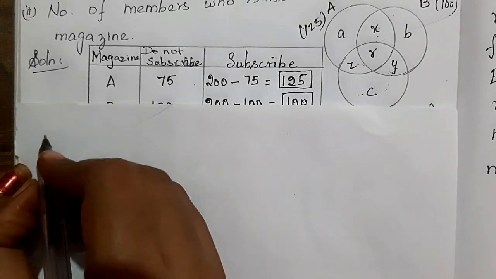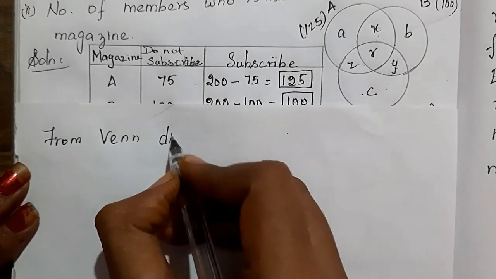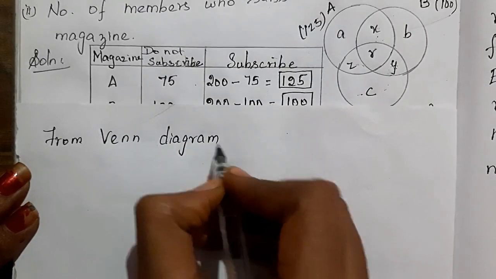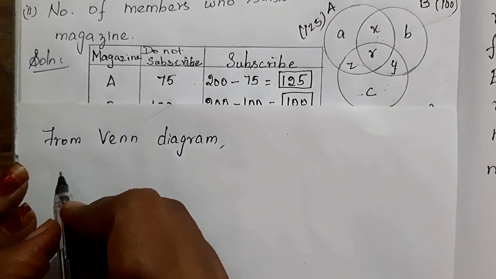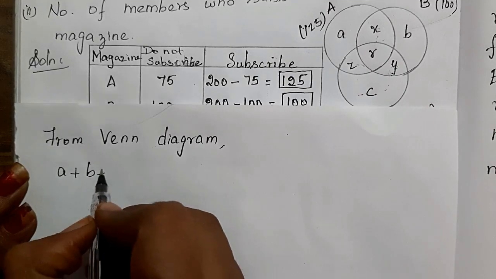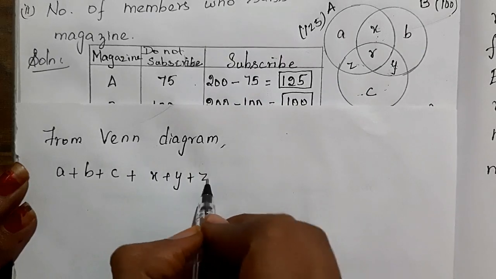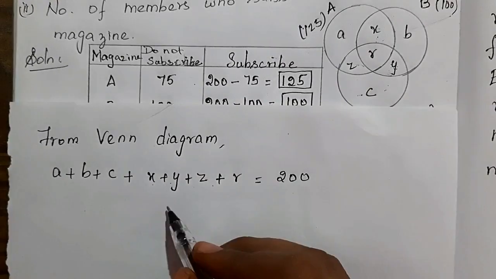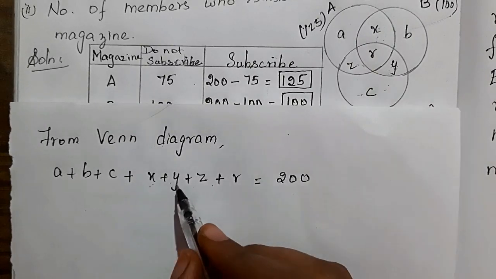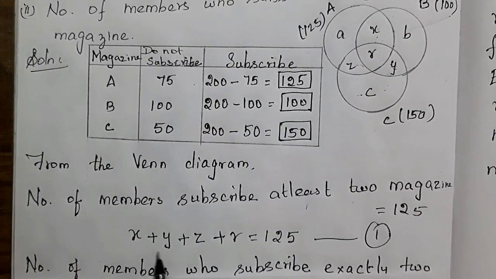So listen, from the Venn diagram, when we add everything, that is equal to the total. So I can write a plus b plus c plus x plus y plus z plus r equal to 200. Already we know the value x plus y plus z plus r equal to 125.